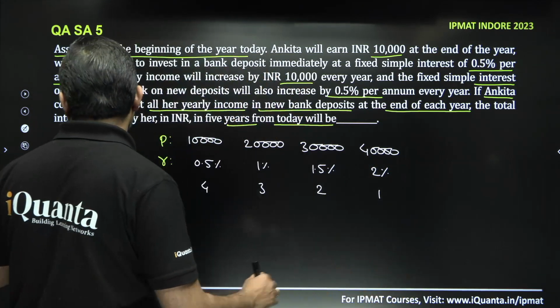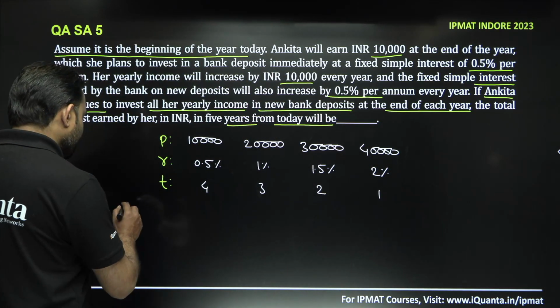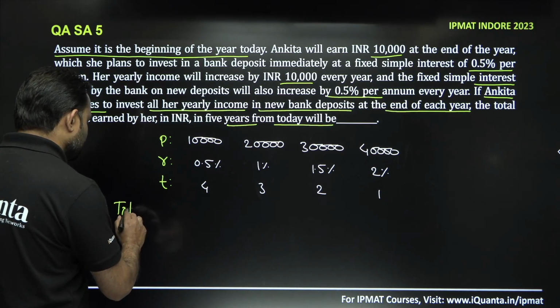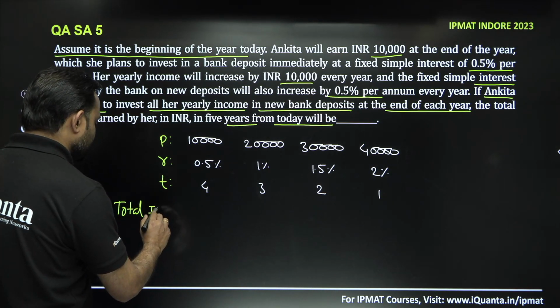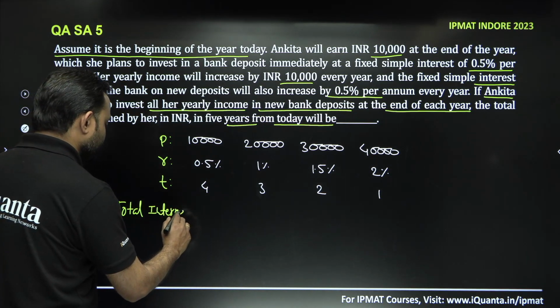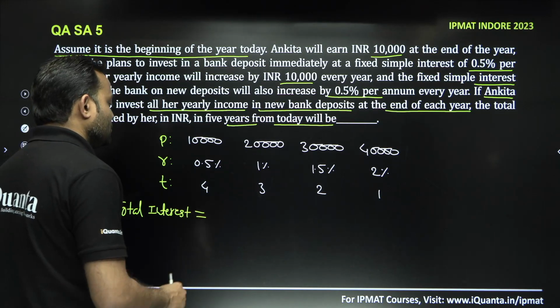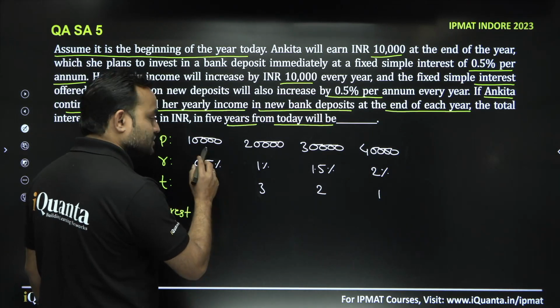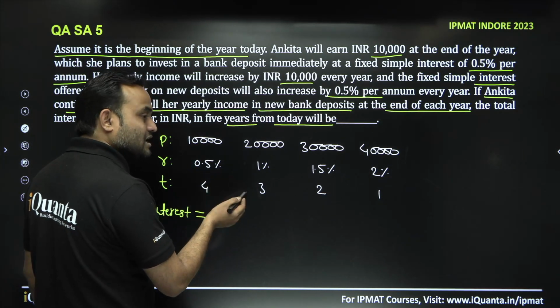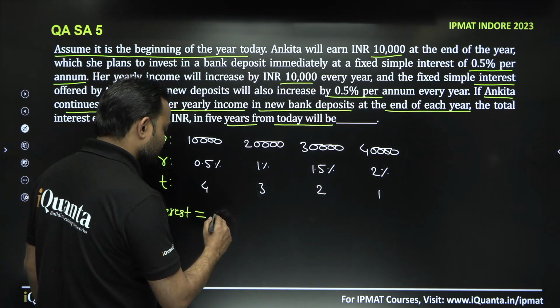So, चलो कैसे solve करेंगे इसे? We can say total interest will be equal to, so 4 into 0.5%, 10,000 का 4 into 0.5%.